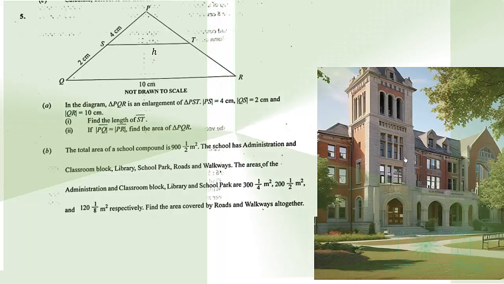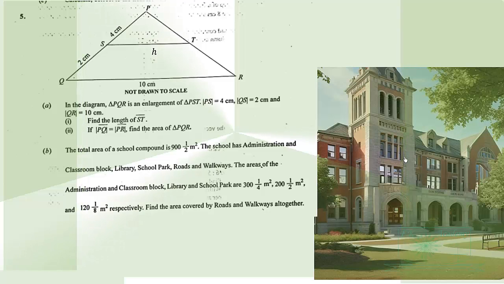The areas of the administration and classroom block, library, and school park are 300 whole number 1 over 4 meters squared, 200 whole number 1 over 2 meters squared, and 120 whole number 1 over 8 meters squared respectively. Find the area covered by the roads and walkways all together.